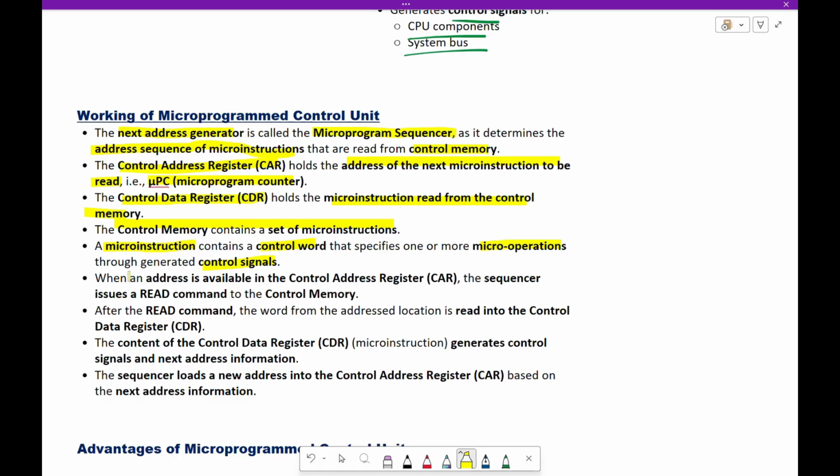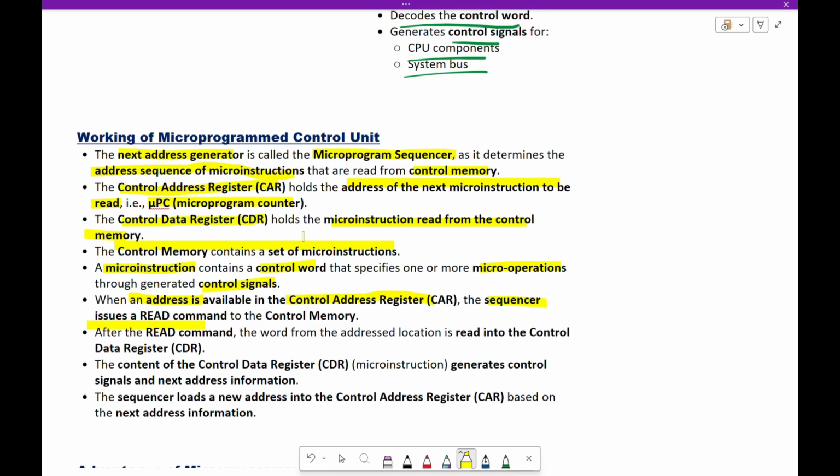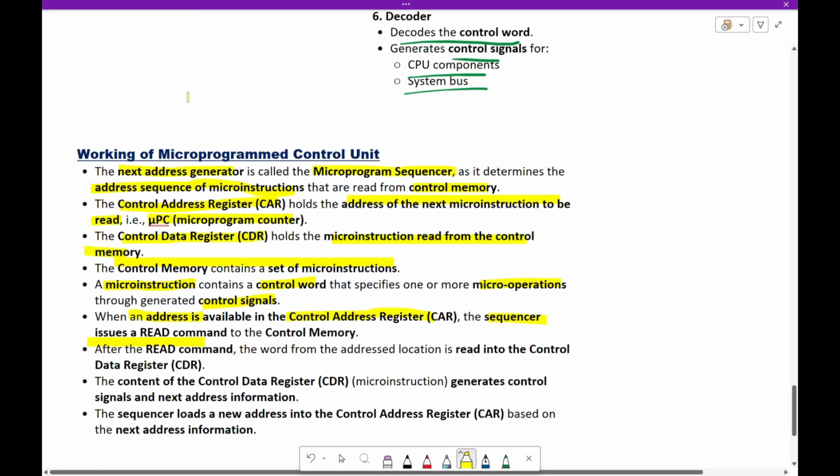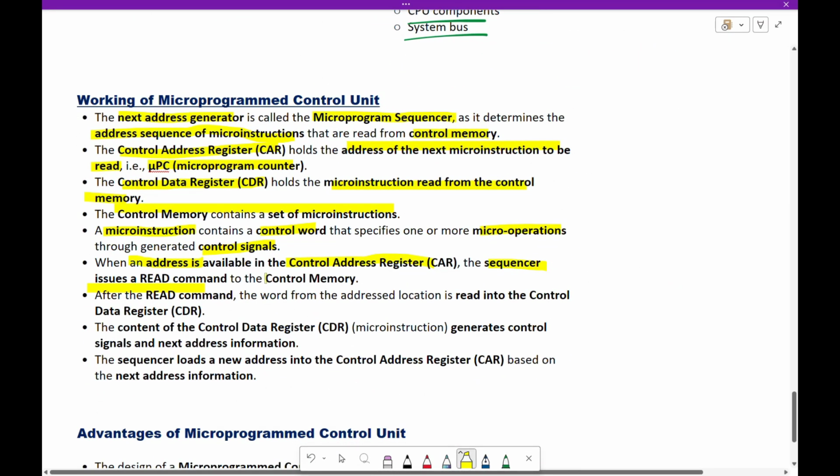When an address is available in the control address register, the sequencer issues a read command to the control memory. After the read command, the word from the address location is read into the control data register, CDR.